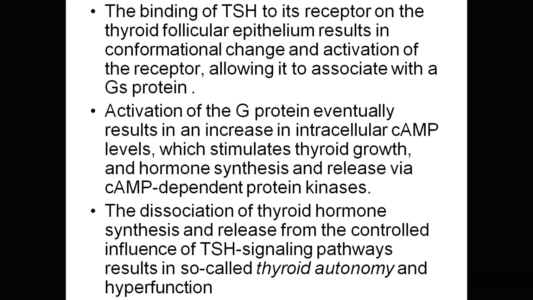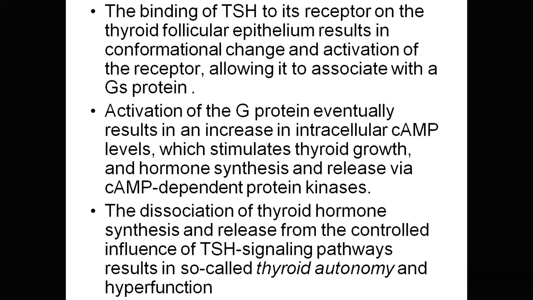Activation of the G protein causes an increased intracellular cyclic AMP level, which stimulates thyroid hormone synthesis and release through the cyclic AMP dependent protein kinase pathway.